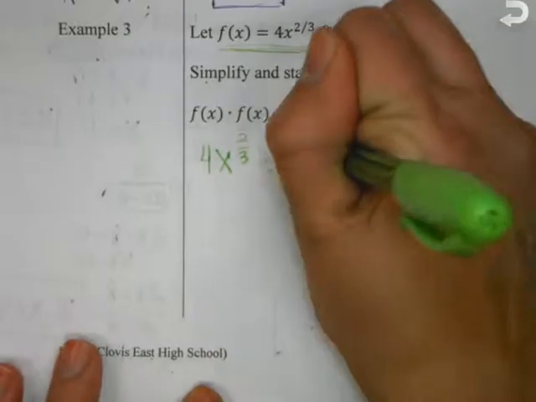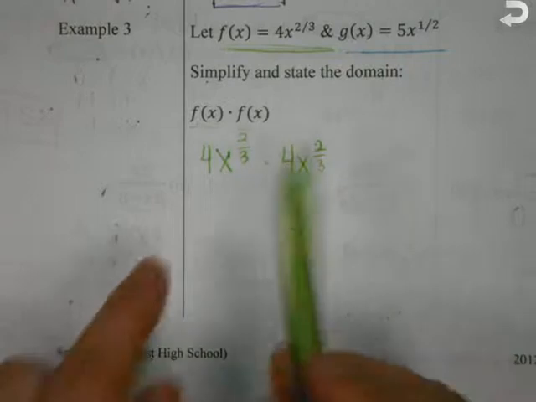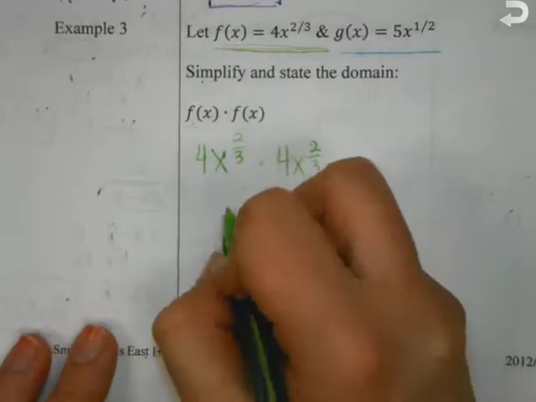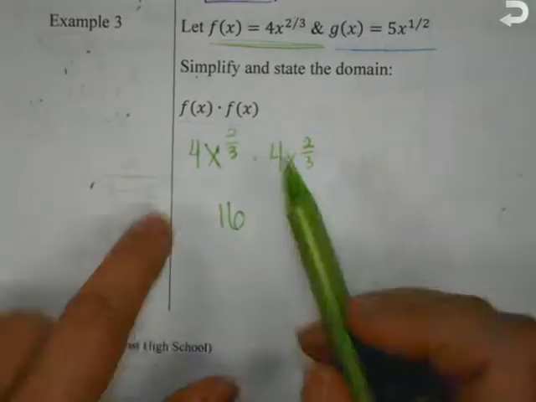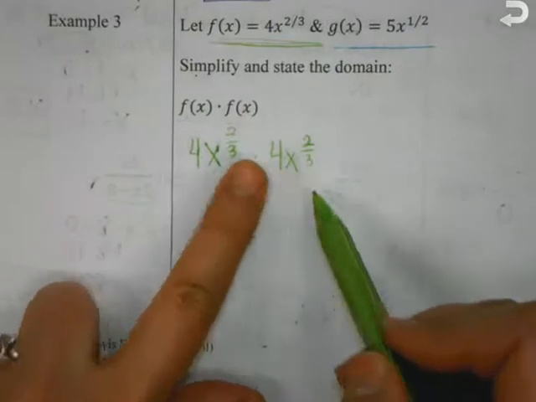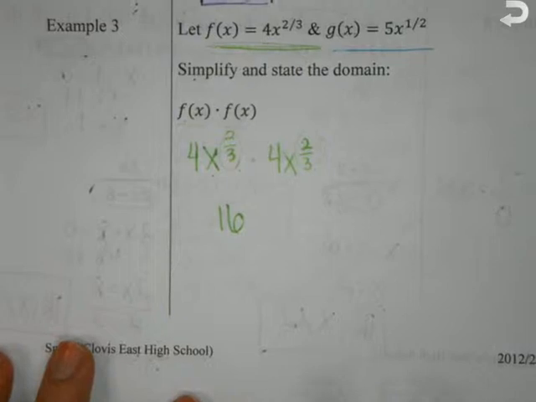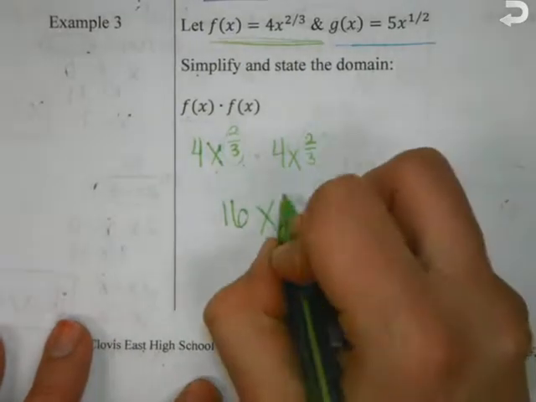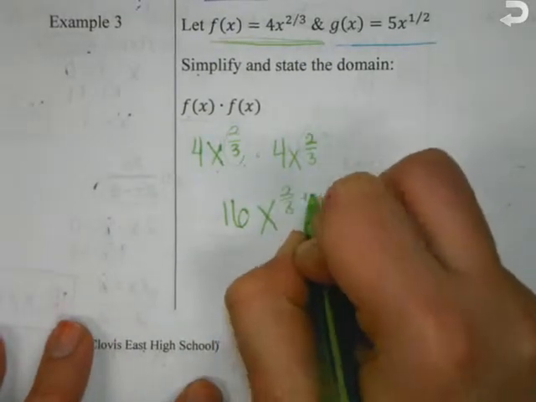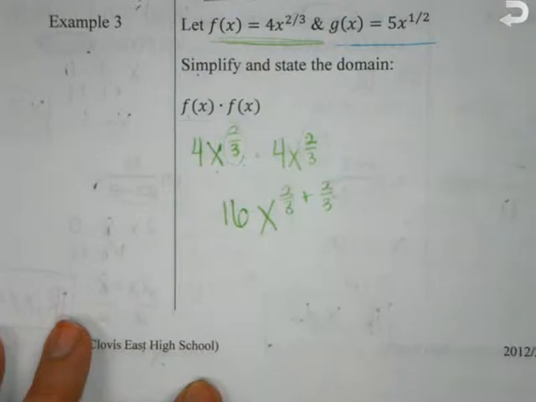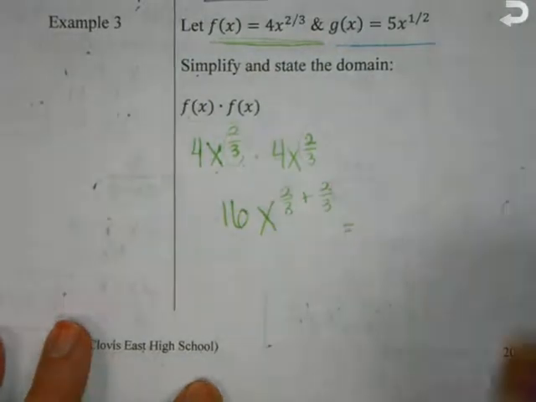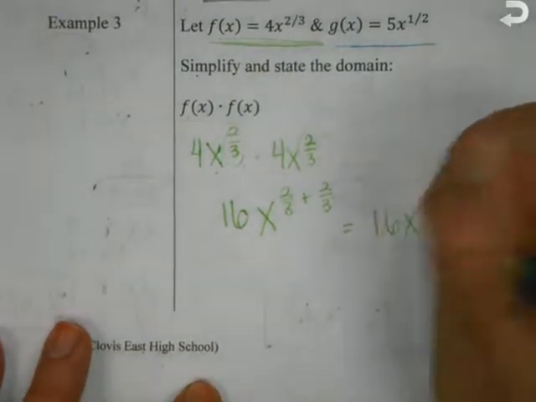Okay, so let's multiply. 4 times 4 gives me 16. x to the 2/3 times x to the 2/3. What am I going to do with those exponents? Add them. So that's going to be x to the 2/3 plus 2/3. So that's going to give me 16x to the 4/3.